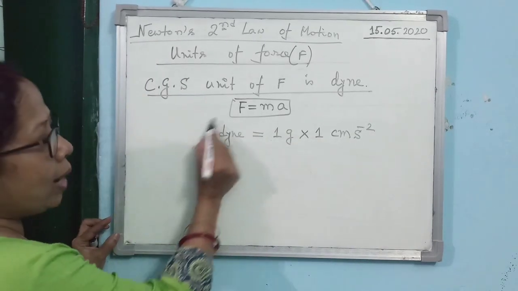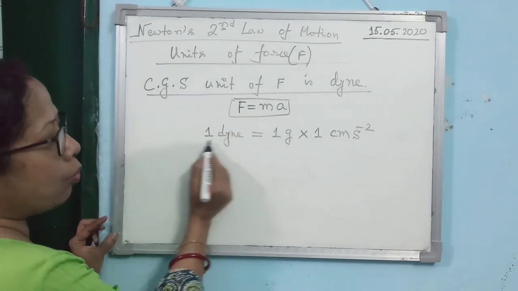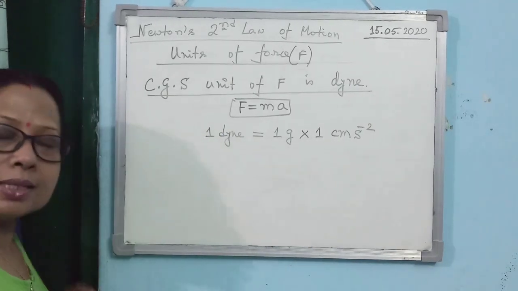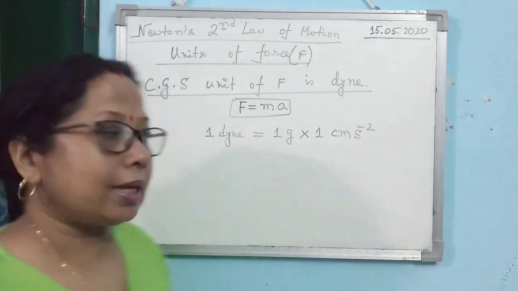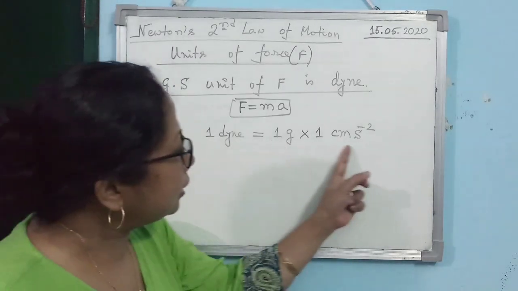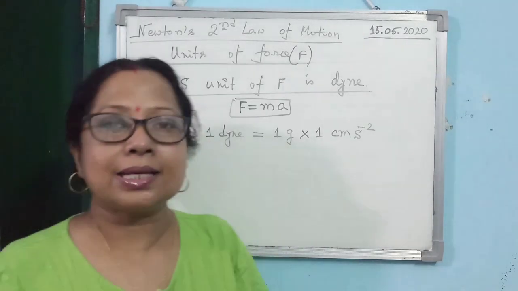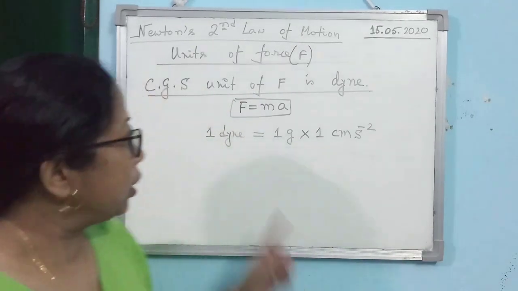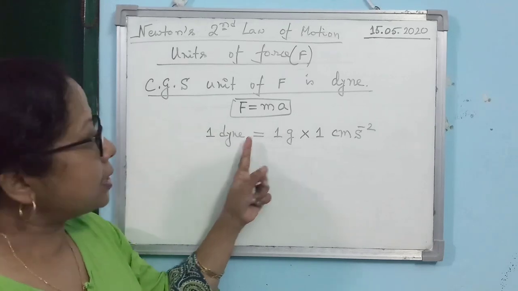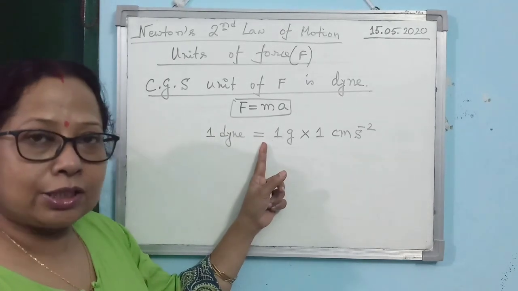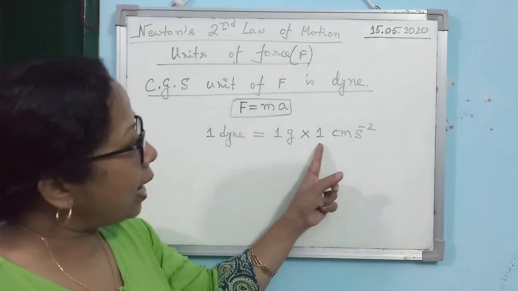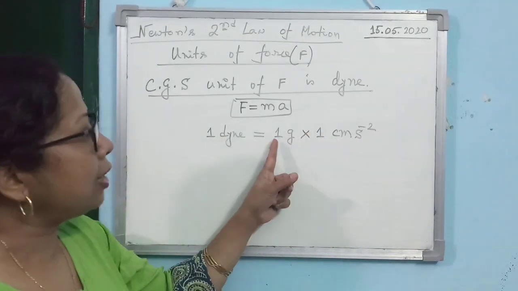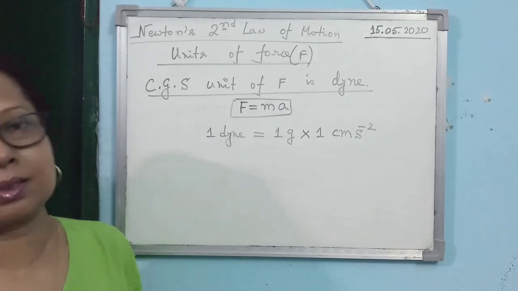So you see, one can write according to this formula 1 dyne equals 1 gram into 1 centimeter per second square. Alright, now you see how if you write this formula in a sentence, you will get the definition of 1 dyne. Alright, you follow how I am saying. 1 dyne is the force which creates 1 centimeter per second square acceleration acting on 1 gram of mass.